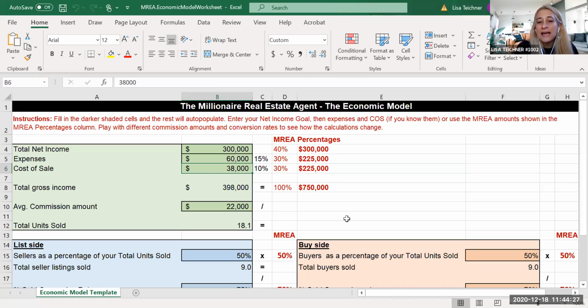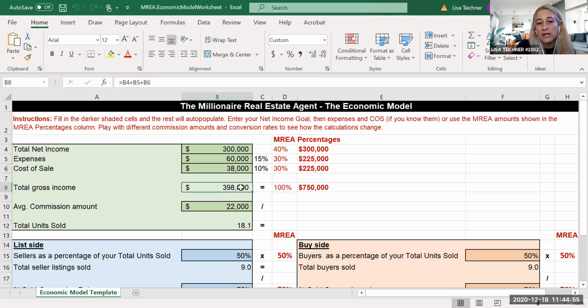And then my cost of sale is whatever I spend out based on a transaction, which is typically going to be your split with the brokerage. And so I just put 38,000 because we cap on what we collect as a brokerage and in royalties. So 38 is the total. That's only 10% of what I'm earning. I mean, that's one of the reasons people are with Keller Williams, because in another brokerage, this number is going to be a lot higher.